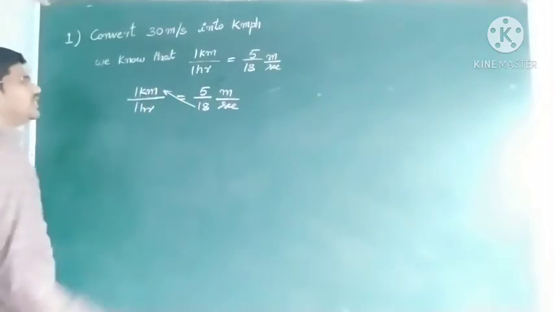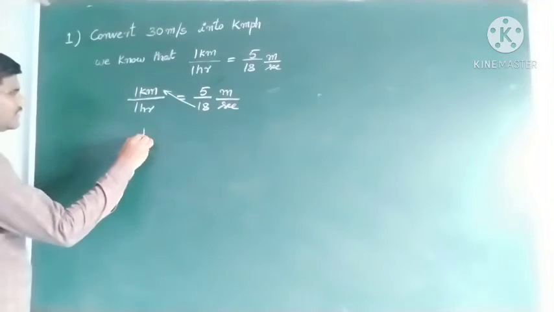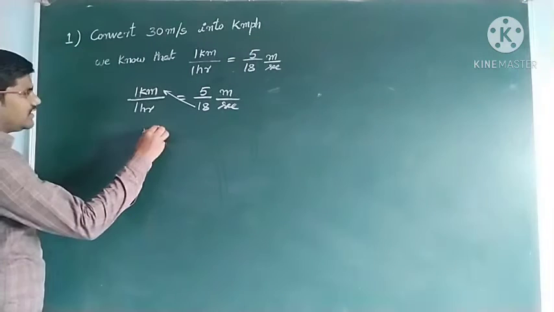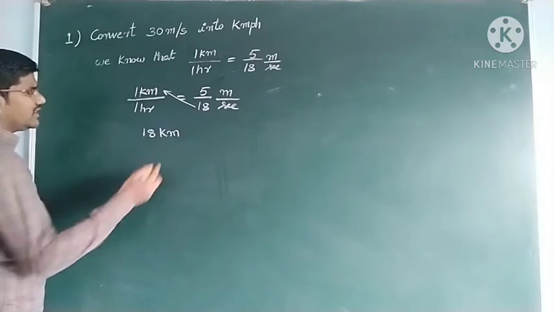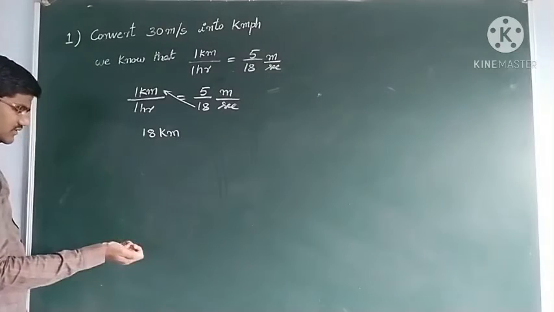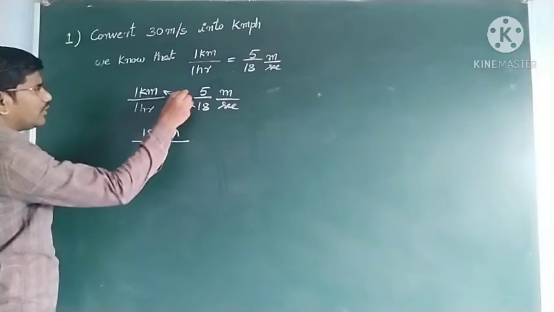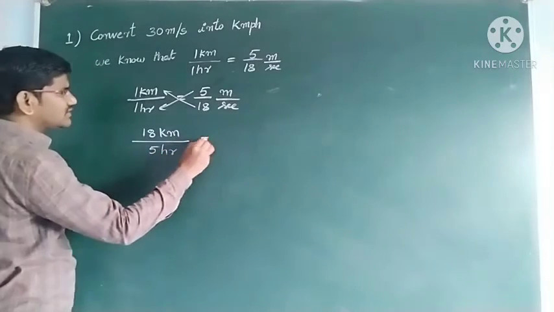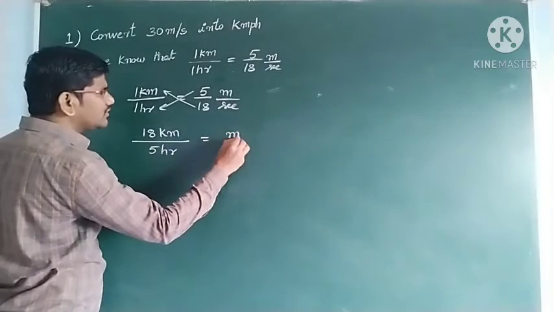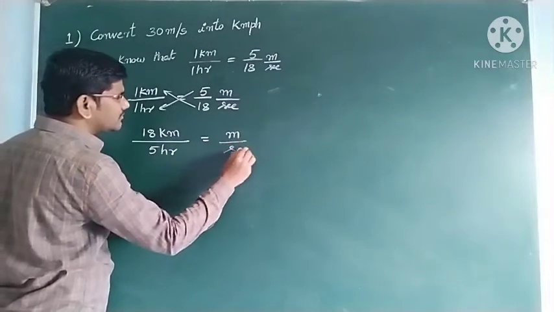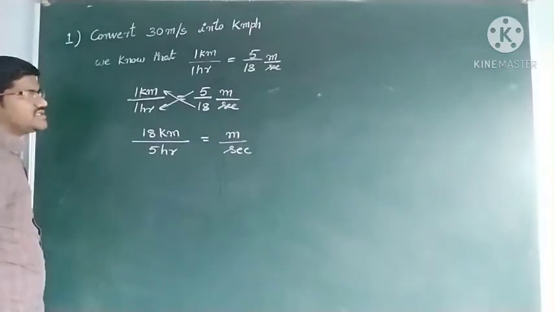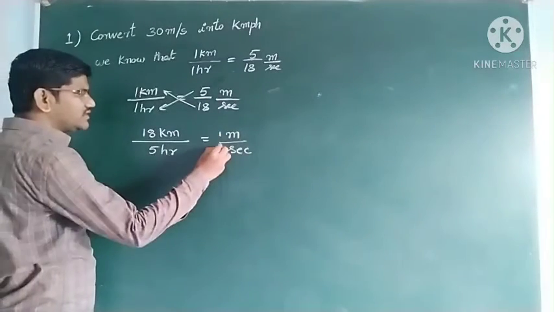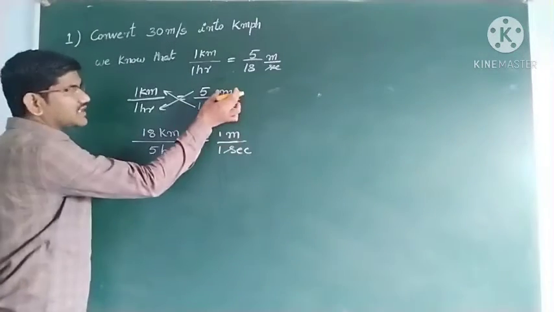So 18 into 1 km, you will get 18 kilometers by 1 hour, 5 into 1 hour, you have 5 hours. That is equal to meters per second. So I just do cross multiplication. I left here only 1 meter by 1 second.